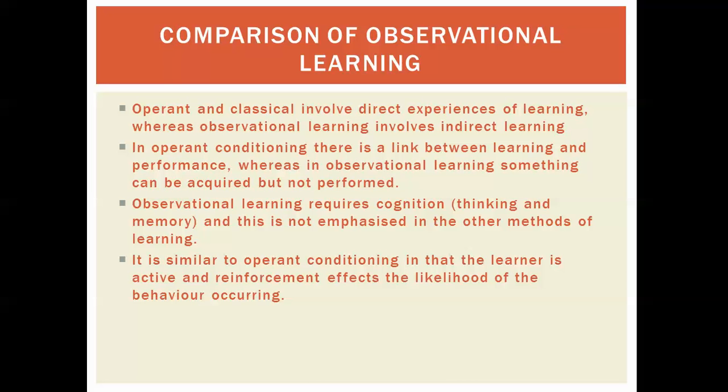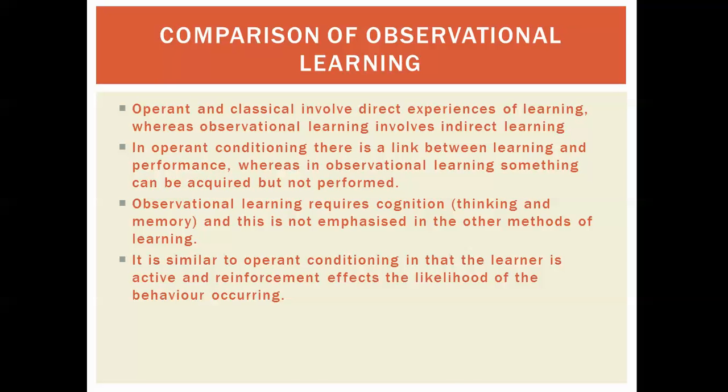For instance, a response is shown and then we give a consequence and the learner sees the link and decides whether to perform it. But in observational learning, you can learn something, but then actually choose not to perform it. So, I might know how to serve a tennis ball, but I've not played tennis, so therefore I don't perform the skill.